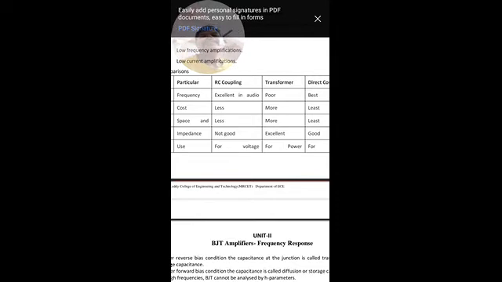Impedance matching is not good in the RC coupled amplifier because the output resistance of the RC coupled amplifier is of the order of a few kilo ohms, and the load resistance is of the order of only a few ohms, so it is not good for impedance matching. Transformer is excellent for impedance matching. By adjusting the turns ratio of the transformer, we match the load impedance to the output impedance of the circuit.